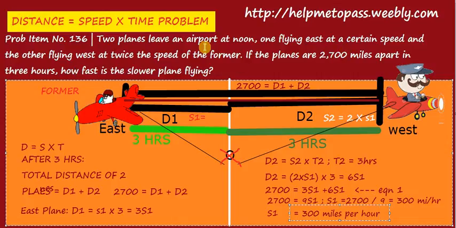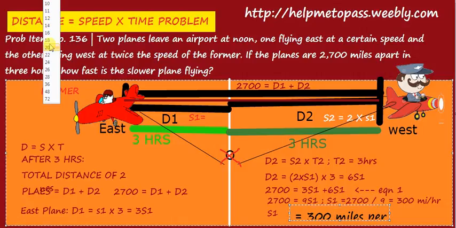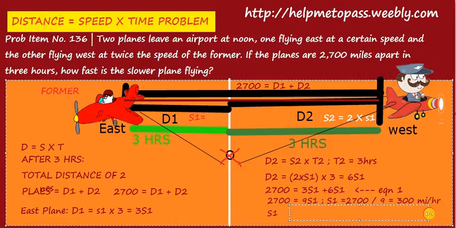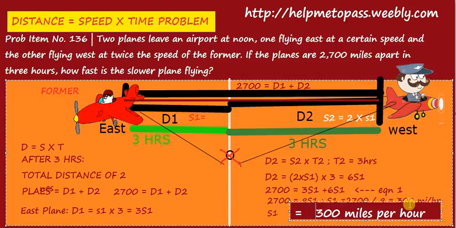So in terms of hours, 3 hours, it is 300 miles per hour. Don't be overconfident there, it's dangerous. So you can see that the speed of the first plane is 300 miles per hour.